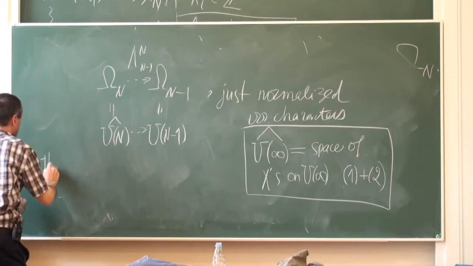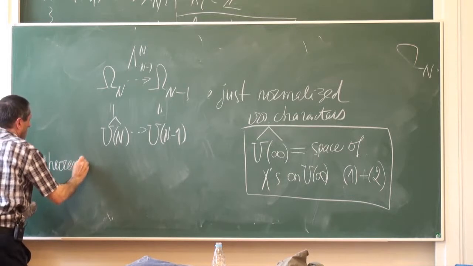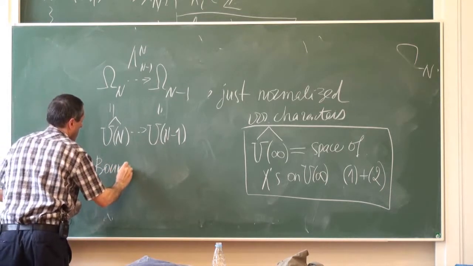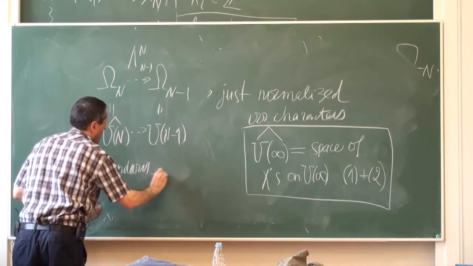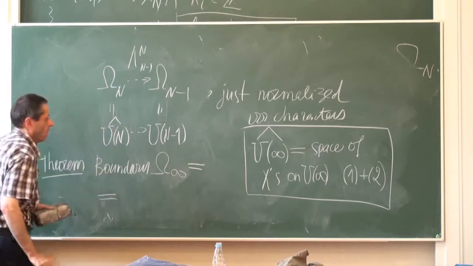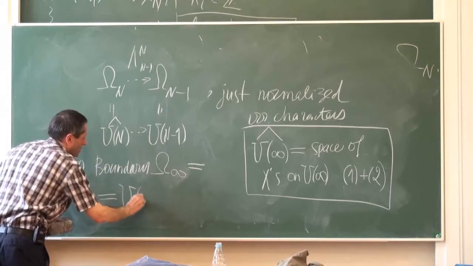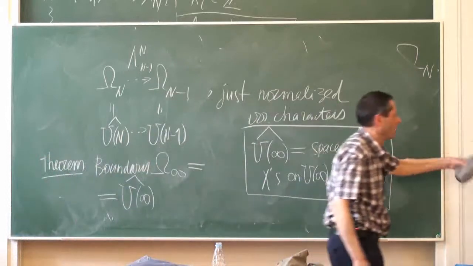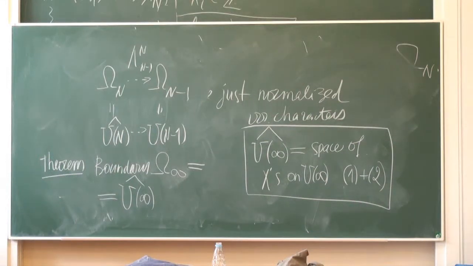And the theorem says that the boundary is exactly the dual space to U infinity in this sense, the space of quasi-multiplicative functions, one can say, on the unitary group.